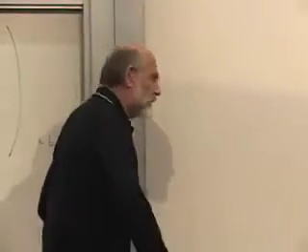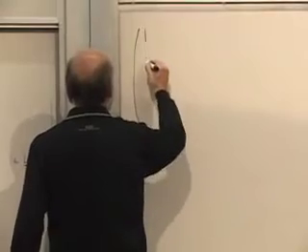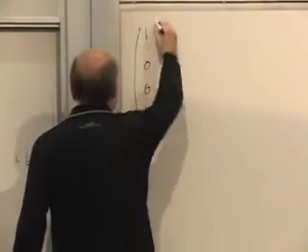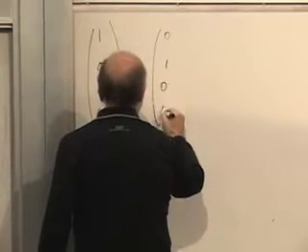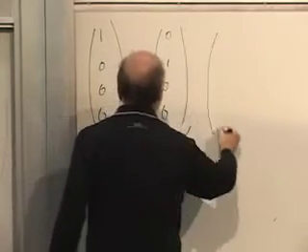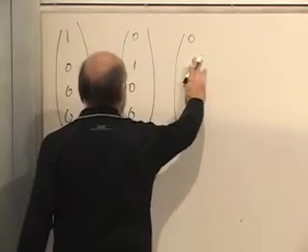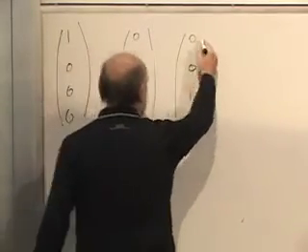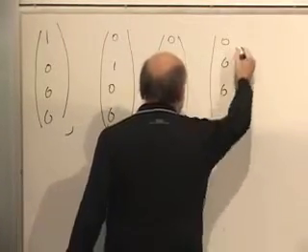Any fewer than this, you wouldn't be able to represent any vector. But you can take the 4 vectors to be 1, 0, 0, 0, comma, 0, 1, 0, 0, 0, 0, 1, 0, and of course the last one is 0, 0, 0, 1.